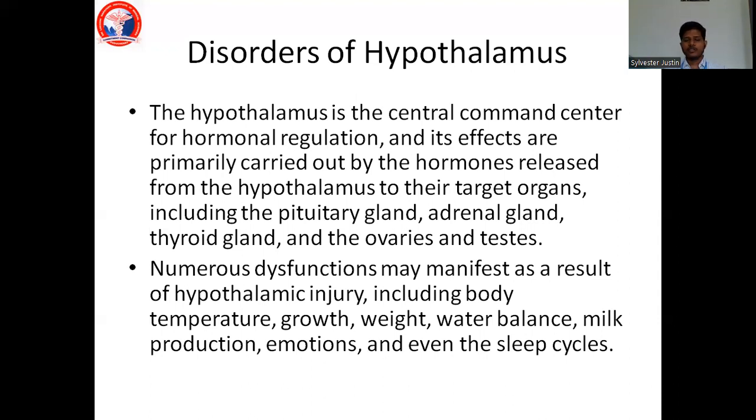Now, numerous dysfunctions of the hypothalamus can occur, and this will cause what? This will cause problems in body temperature, in growth, in weight, in water balance, in milk production, emotions, and even the sleep cycles may get affected. So the hypothalamus is very important.